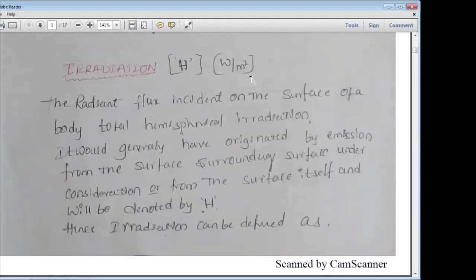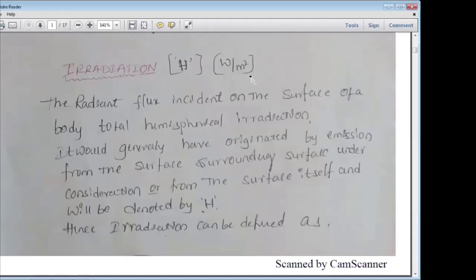We discussed this in the previous classes on Sunday. Suppose there are two surfaces, surface 1 and surface 2. Radiation falls on surface 1 and is reflected to surface 2.